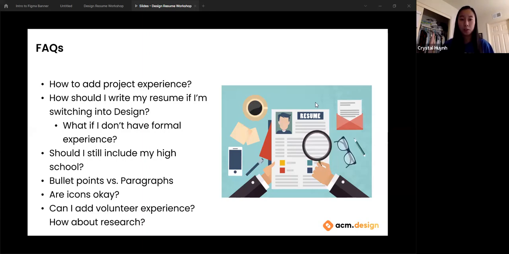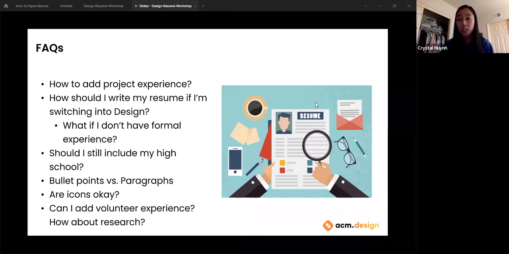So even if you are some totally different major that's unrelated to what is typical of design, what does design need? Design still needs analytical skills to look at user research. Design still needs creative skills to design mockups, prototype mockups.